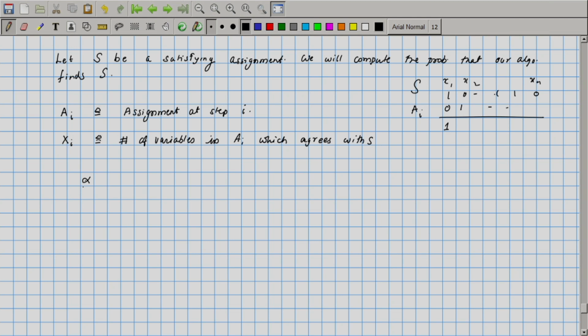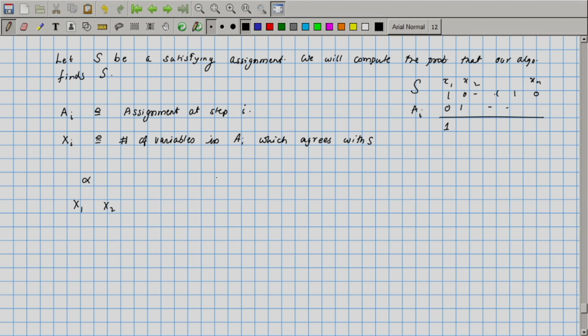The algorithm goes on for 2mn squared steps, so this is a sequence. Let us imagine that instead of 2mn squared steps, we keep on going forever; we stop only when we get a satisfying assignment, or when we get this particular assignment S.